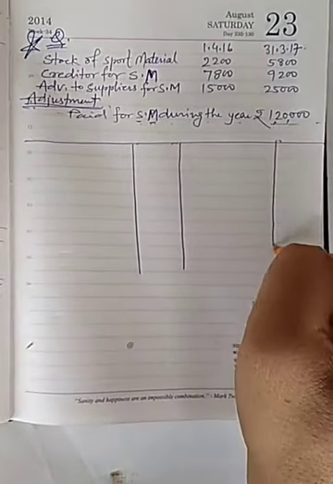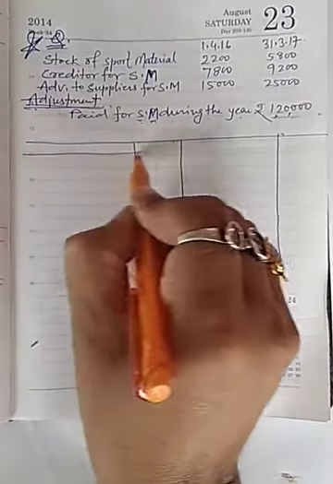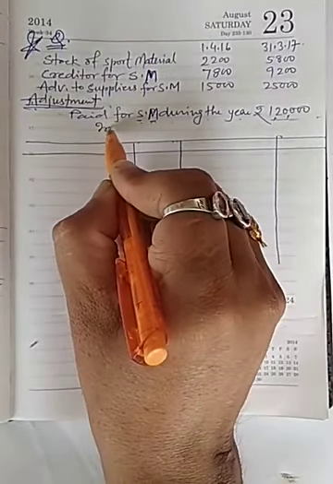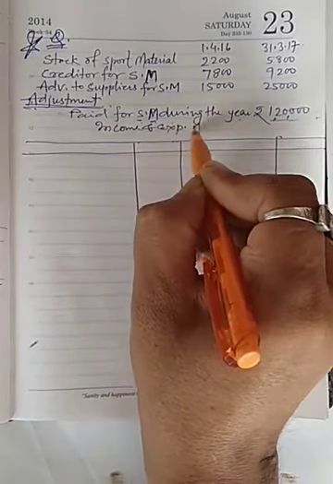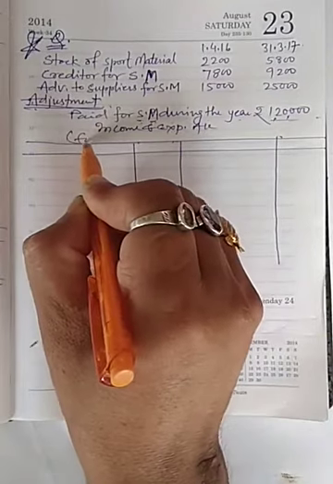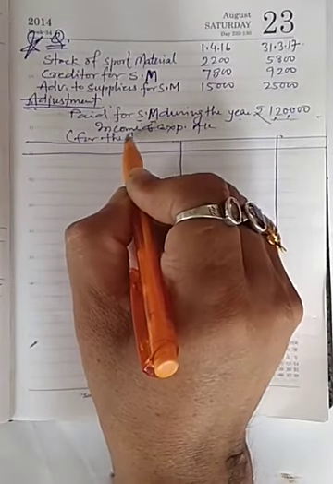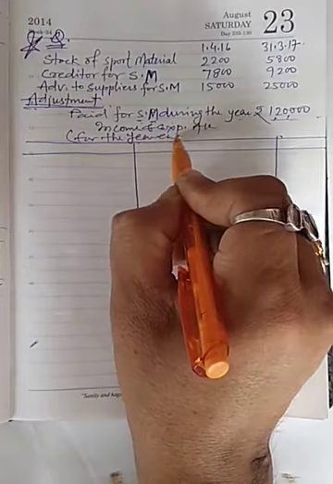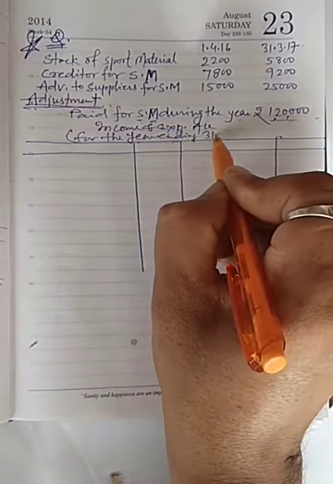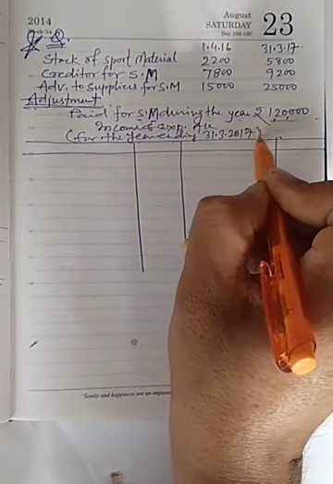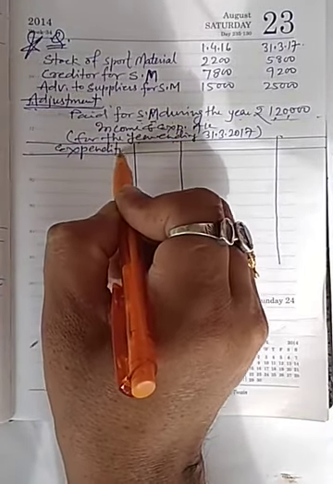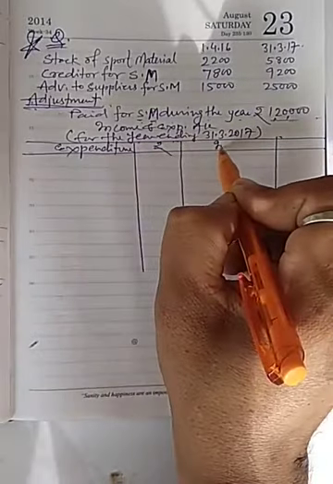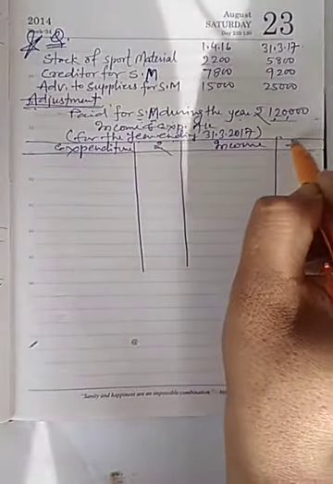So this is the format of the income and expenditure account for the year ending 31st March 2017. This is the expenditure side, rupees. Income side, rupees. Credit, debit.